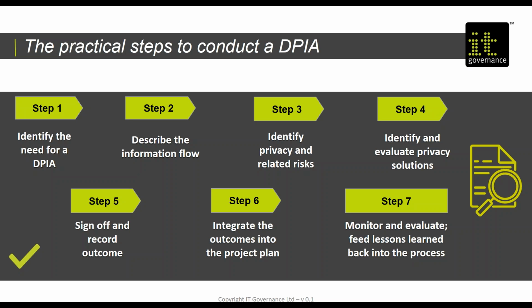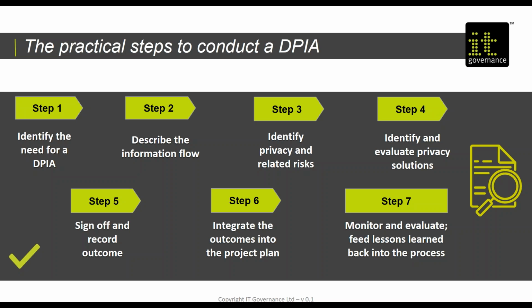Do a data flow mapping exercise to determine what the current or intended data flows are. What data we're collecting, through which channels, how are we going to share it, who's it going to be shared with, who's going to see the data, under what circumstances, how's it going to be protected, how long do we keep it. Those are all part of the information flow section of the exercise.